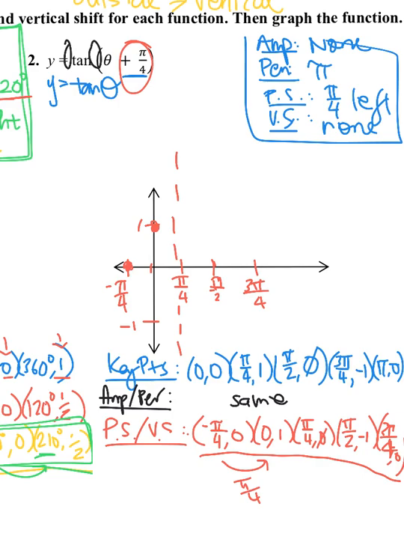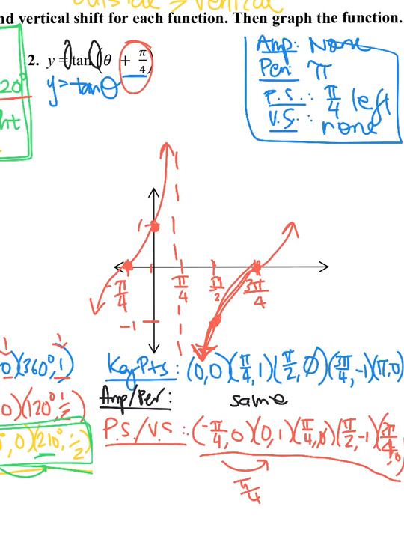At pi over 2, I'm at negative 1, and at 3 pi over 4, I'm at 0. All right, so we get that nice tangent graph approaching the asymptotes from positive and negative infinity. And I'll continue those arrows just to show that it keeps on going.